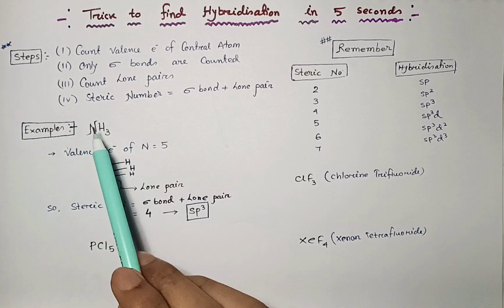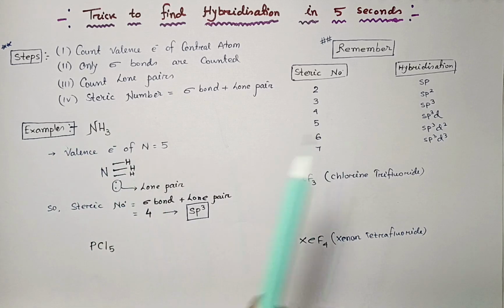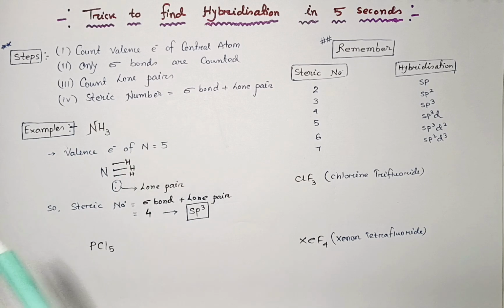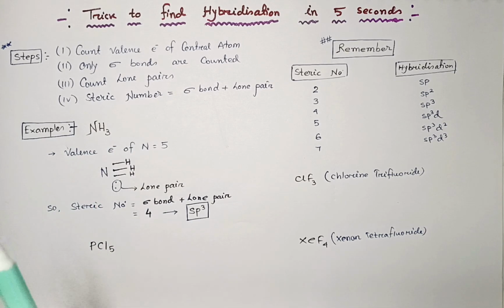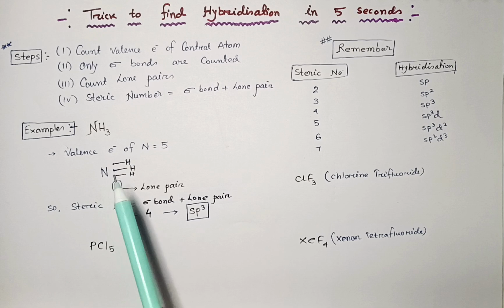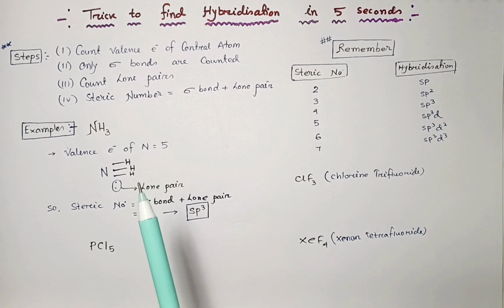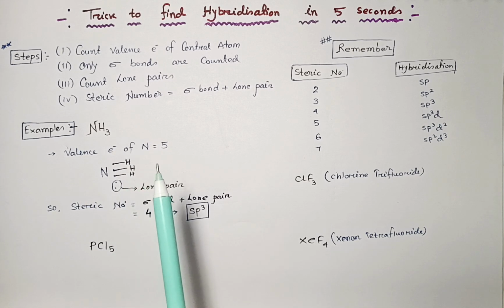So the first molecule that is given to us is NH3, which is also called ammonia. In NH3, nitrogen is the central atom. We know that the valence electrons of nitrogen is 5, since nitrogen belongs to group 15 of the periodic table.